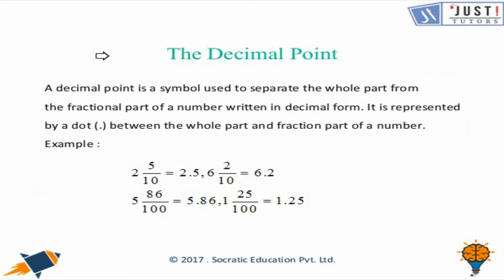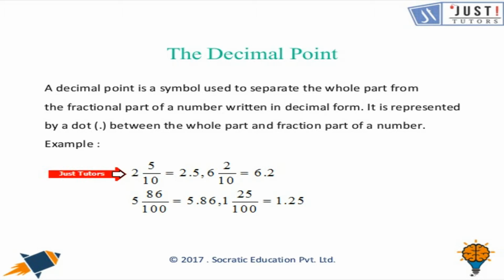Moving ahead, let's talk about the decimal point. A decimal point is a symbol used to separate the whole part from the fractional part of a number written in decimal form. It is represented by a dot between the whole part and the fraction part of a number. Let's talk about the example written below. It says 2 whole and 5 tenths.